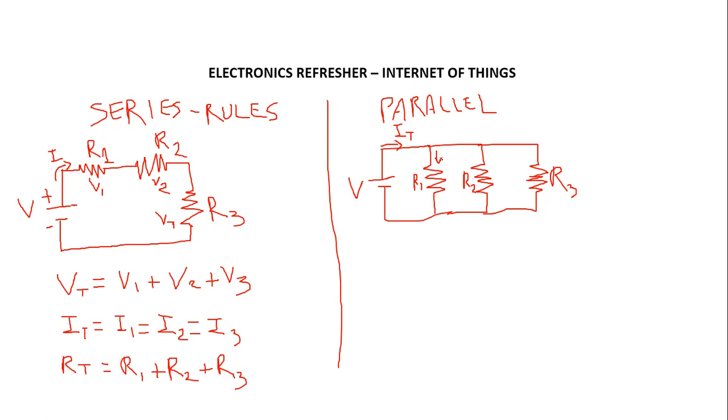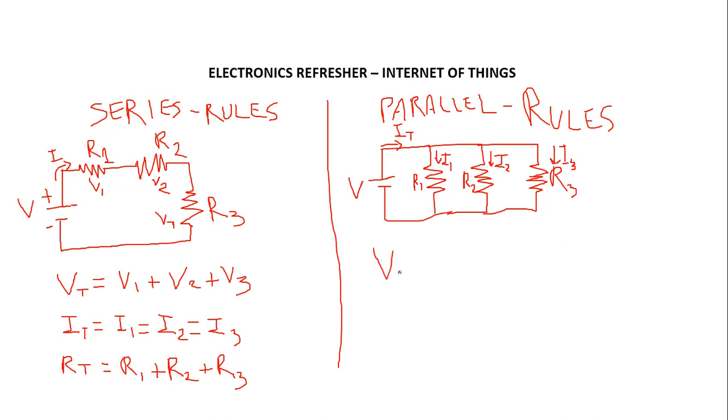Here we are going to have our current 1, current 2, and current 3. And what are the rules for a parallel circuit? I am going to write them down now.